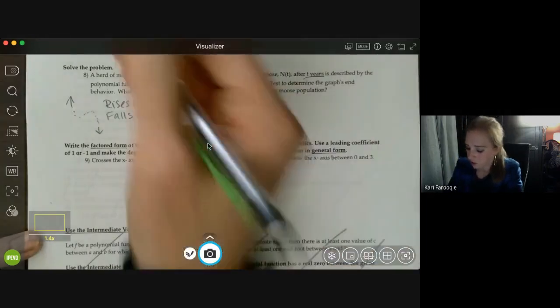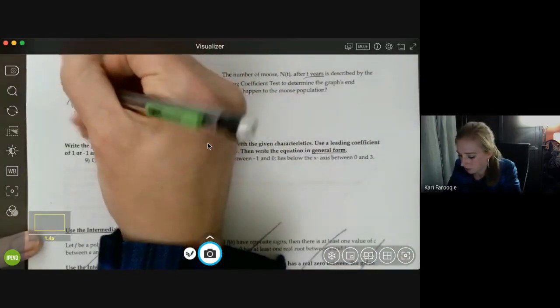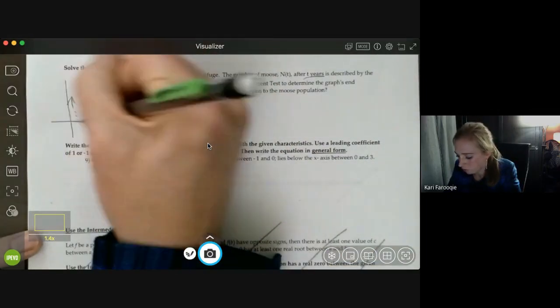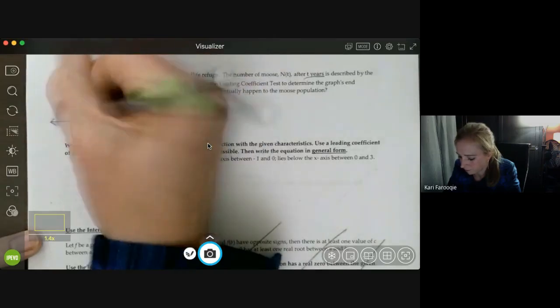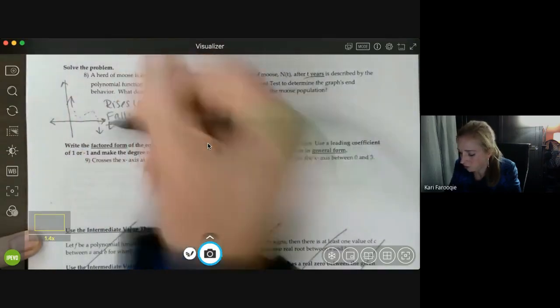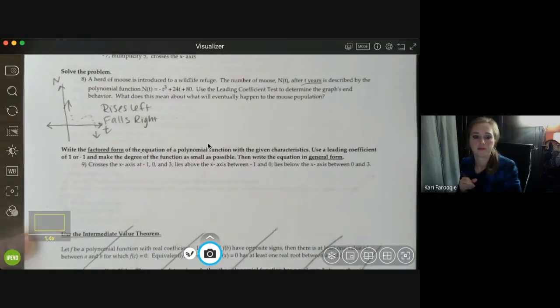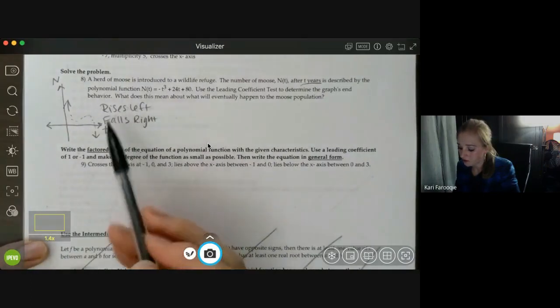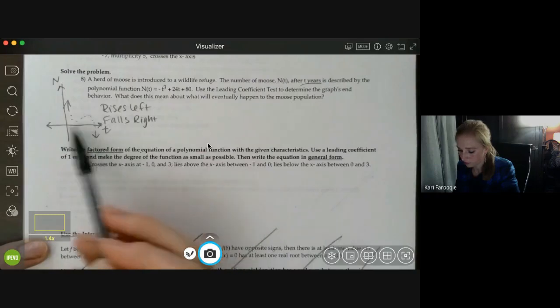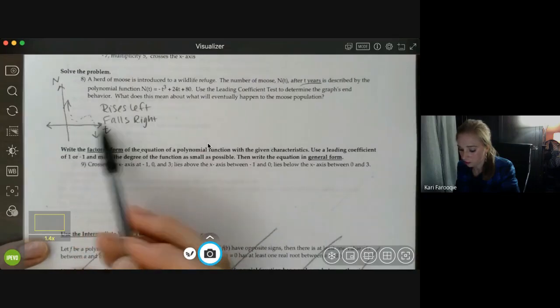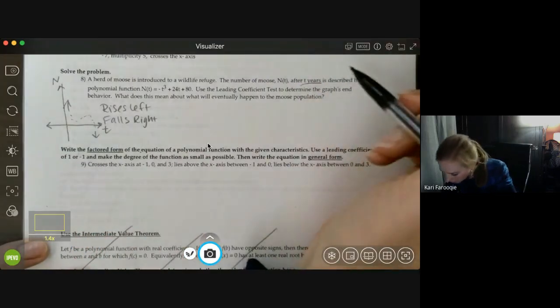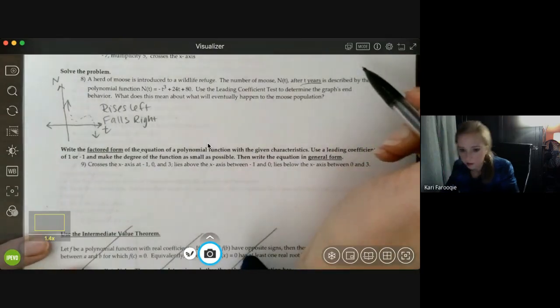If you were looking at this on some sort of coordinate grid, t would be this axis. N would be your vertical axis. So as t continues to increase, that's what's going to eventually happen. N is the number of moose in the population.